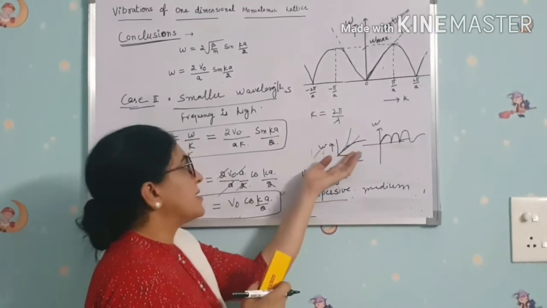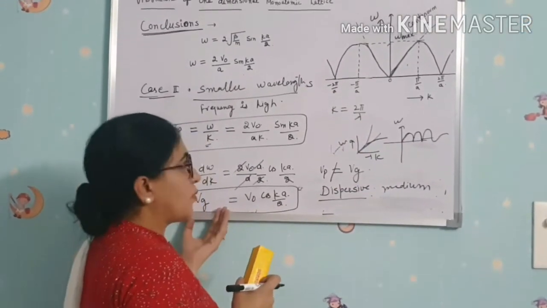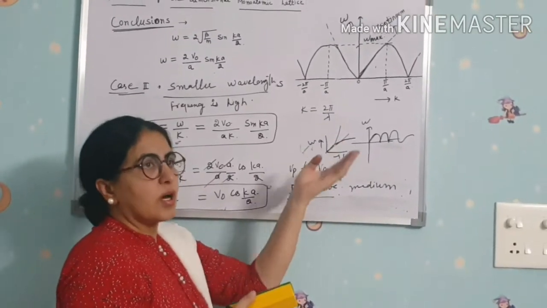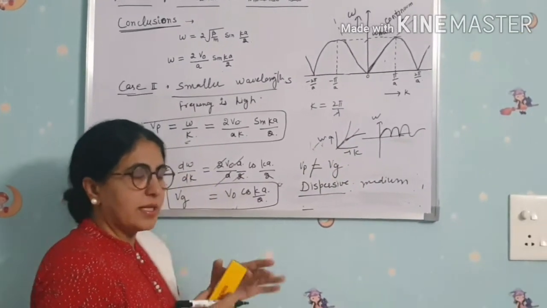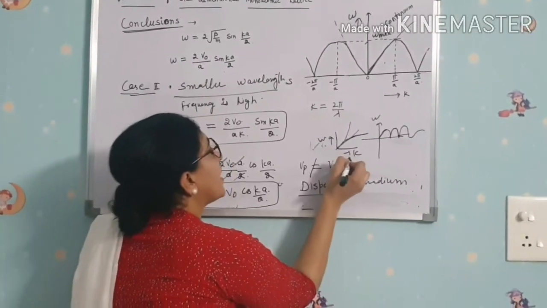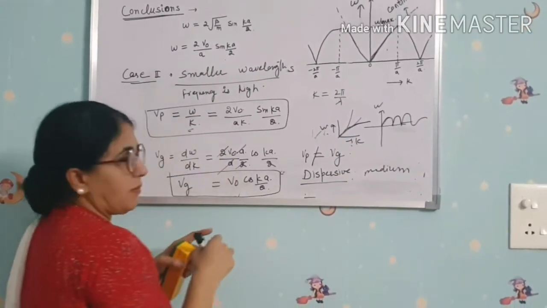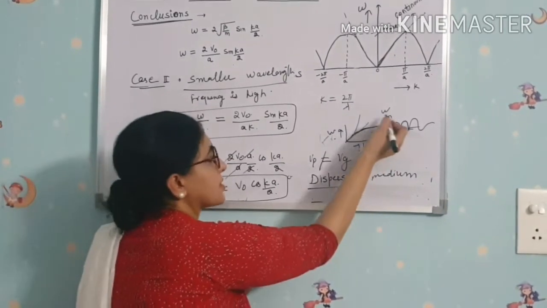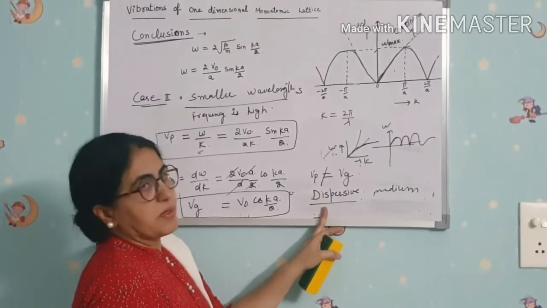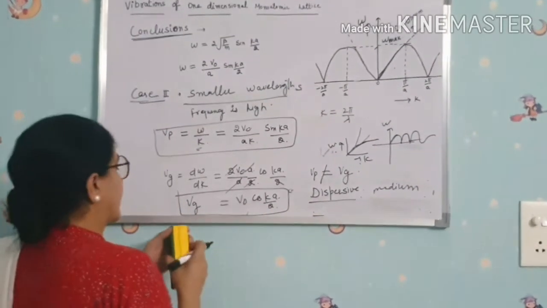And then it depends on which velocity is more, Vg or Vp, whether the dispersion is normal or anomalous. Clear? Because from this curve, the value of omega over k and the value of d omega by dk, the tangent to this curve, will be different. So the medium is dispersive here. Clear? This is the second case.